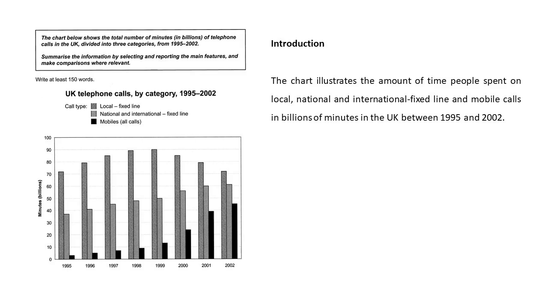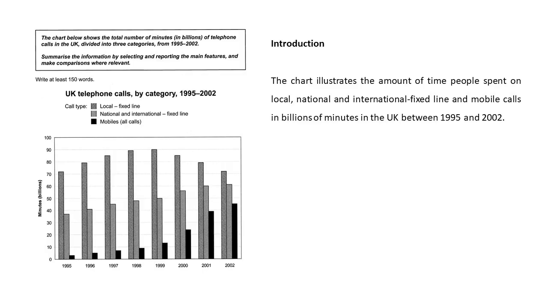paragraph. Over the next 5 years, 95 to 99, the amount of time spent on local calls grew and peaked at a figure of 90 billion minutes in 1999. So remember what we always do. We give the beginning, we say what happens in the middle, and we give the end point. So what happens in the middle? It grew.